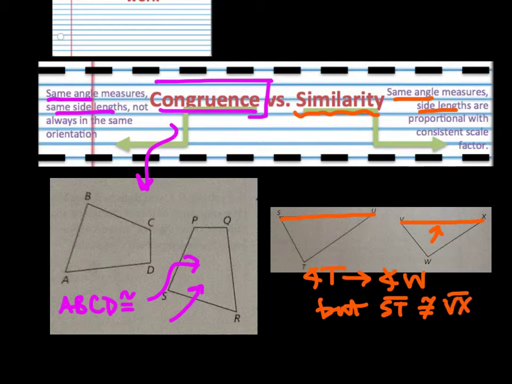Essentially, SU and VX are not congruent. They are similar, but they are not congruent.